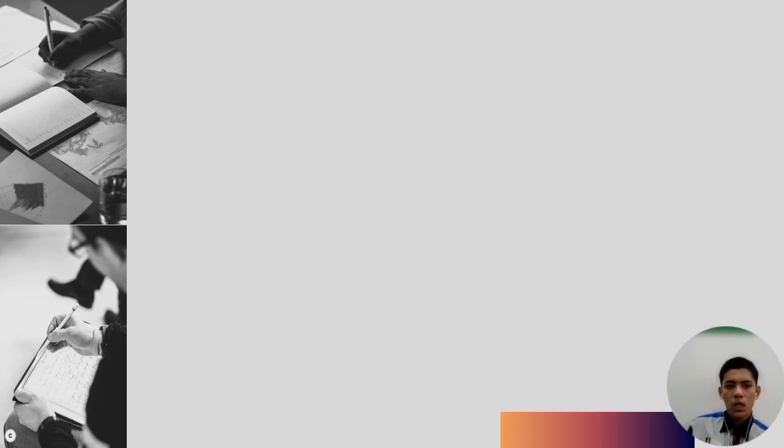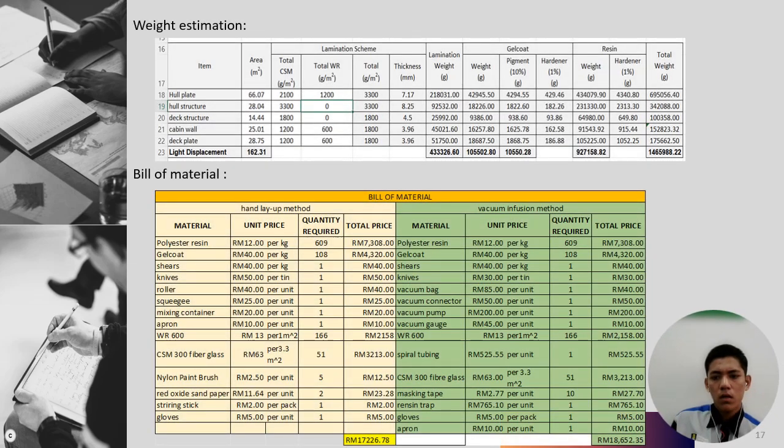After that, we go through the weight estimation first. This weight estimation is very important because we need to calculate this first to know how much material we need in the fabrication of the houseboat.